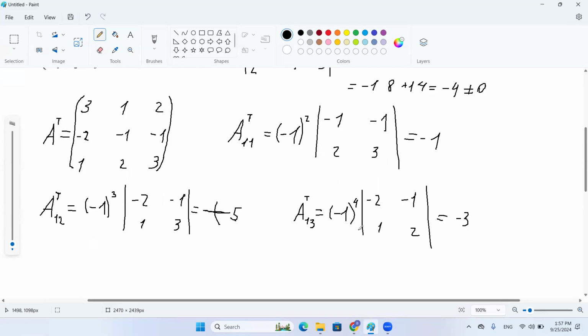Okay, how do you prefer? Well, A21 transposed equals -1 to the power of 3. The determinant of first column 1, 2.